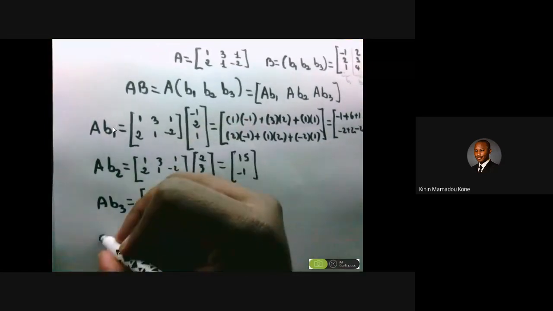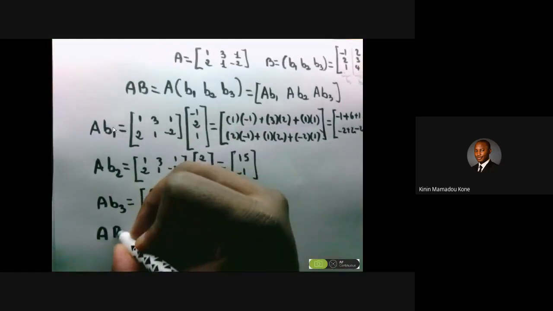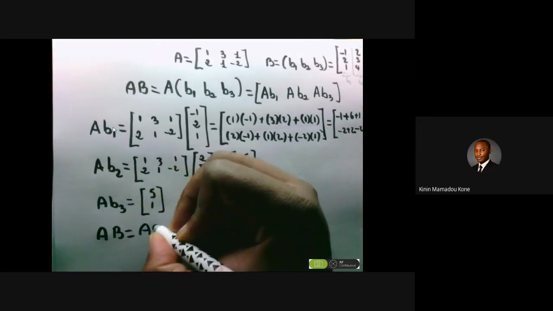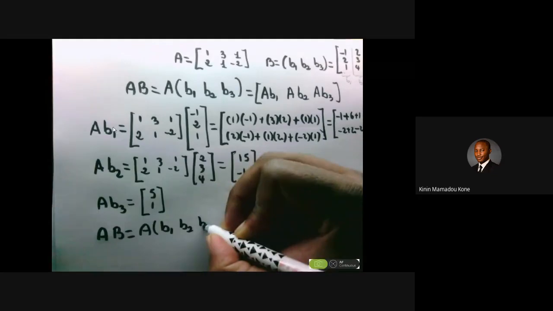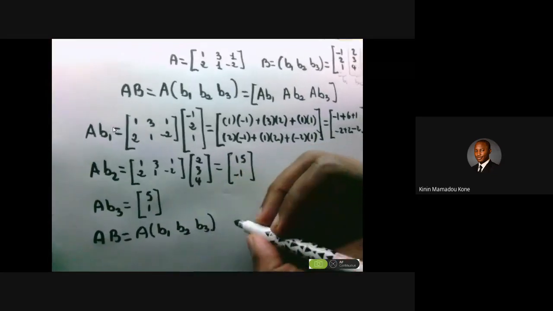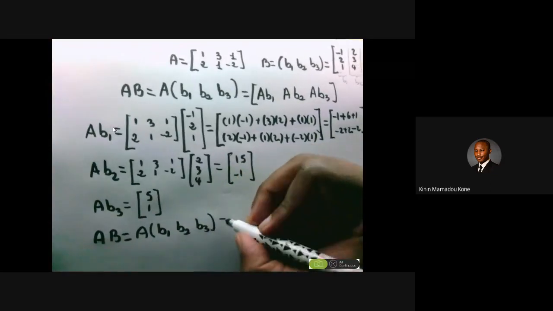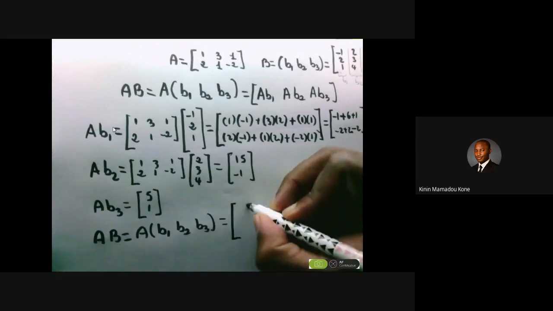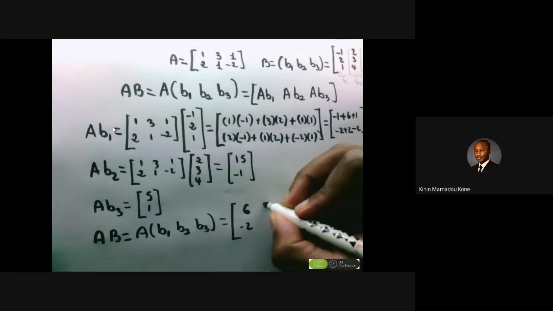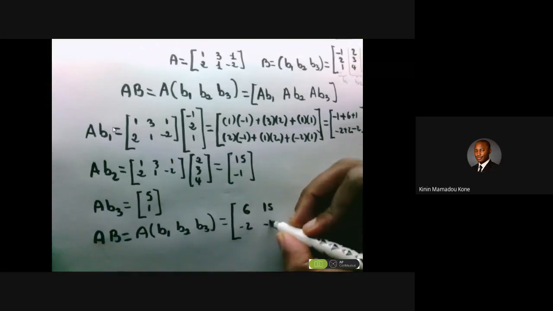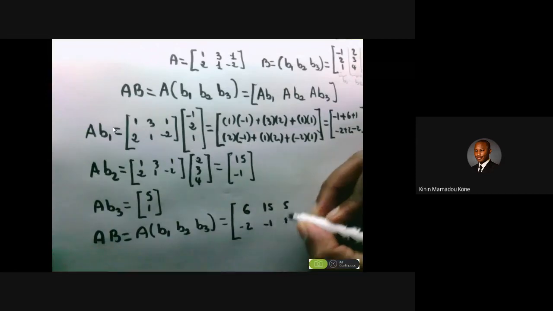Now A times B, which is equal to the matrix A multiplied by the blocked versions of B, is going to be equal to the following: 6, negative 2, 15, negative 1, 5, and 1.